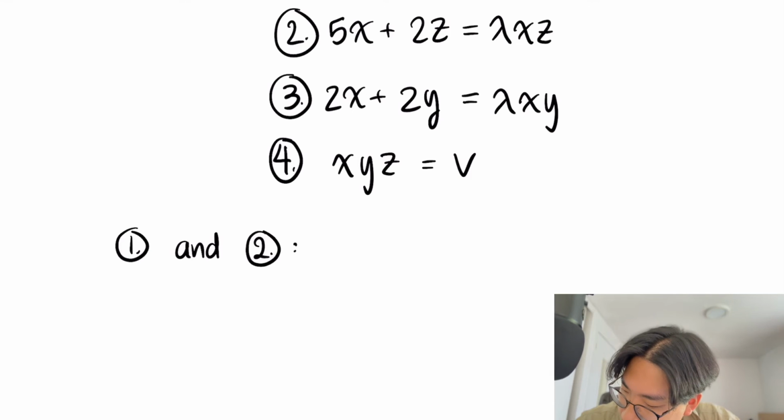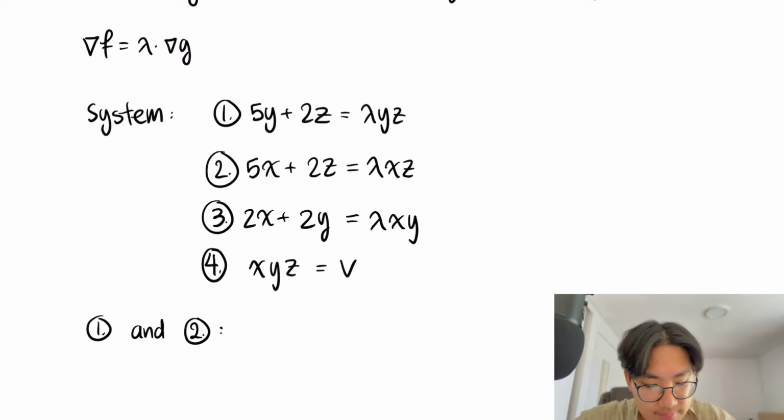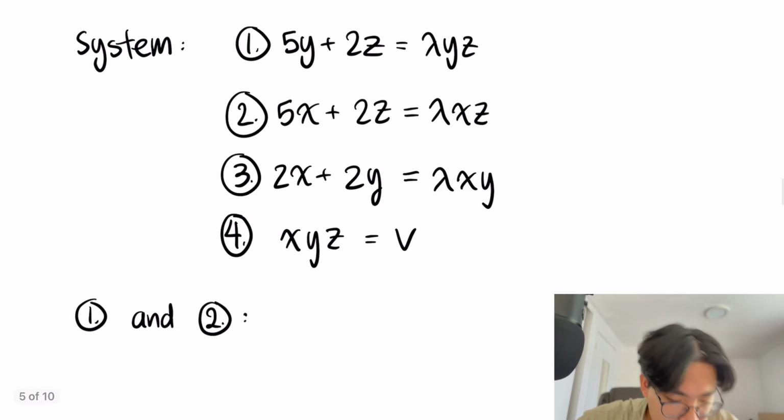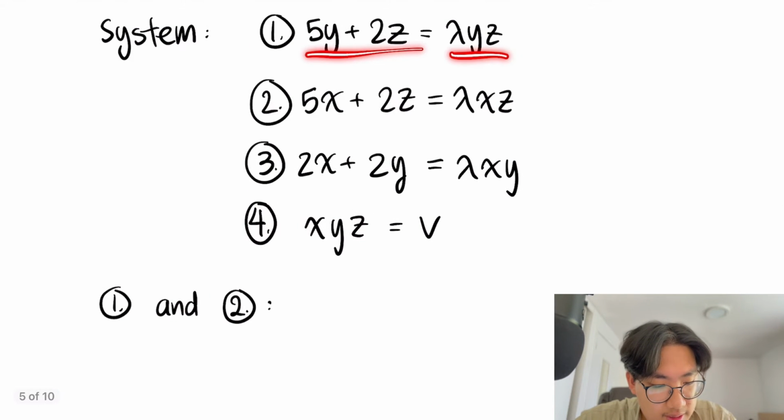So from 1 and 2, we can isolate for lambda in each case. We'll divide both sides by yz in order to isolate.